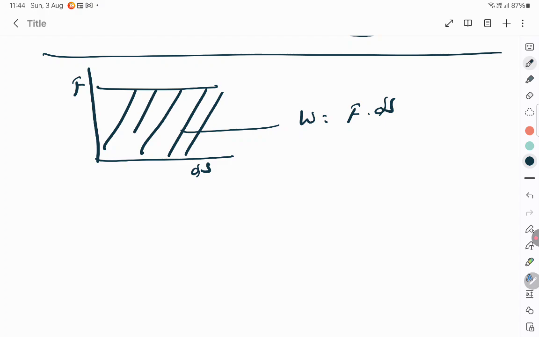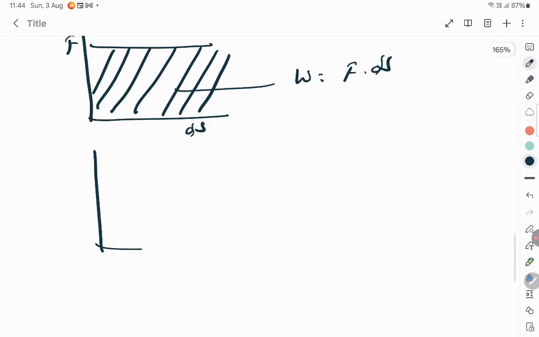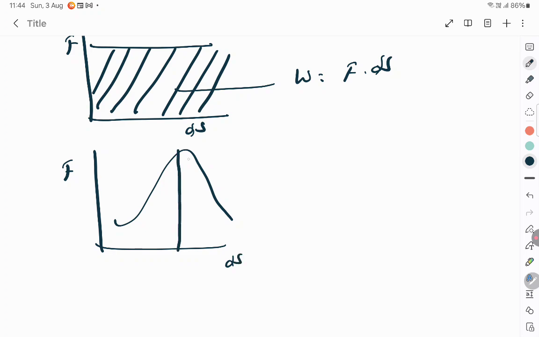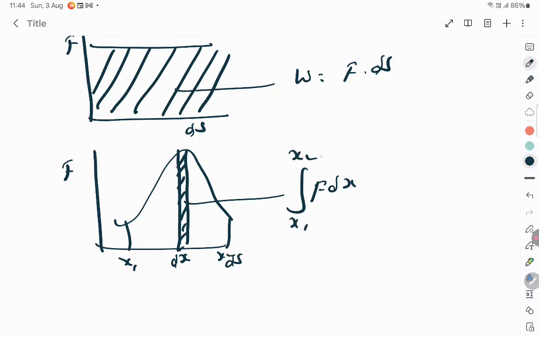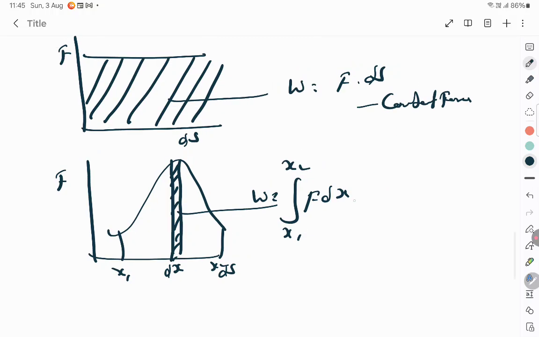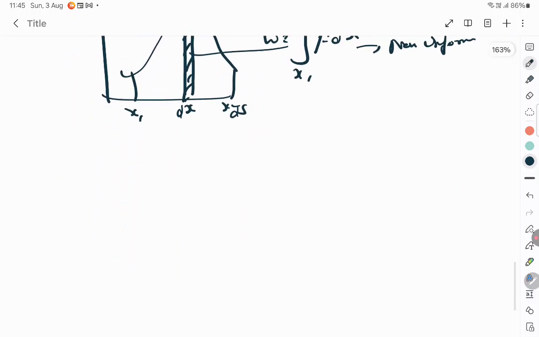If it's a non-uniform force like this, then you draw a small rectangle of width dx, and the area of this rectangle is F into dx. We integrate it from the beginning x1 to the final position x2, and that is called work done. This is for a uniform or constant force, and this is for a non-uniform force, which can be found only by means of integration.